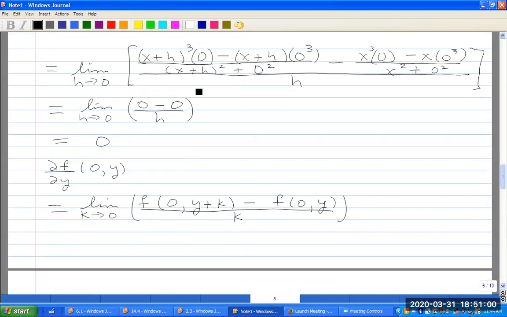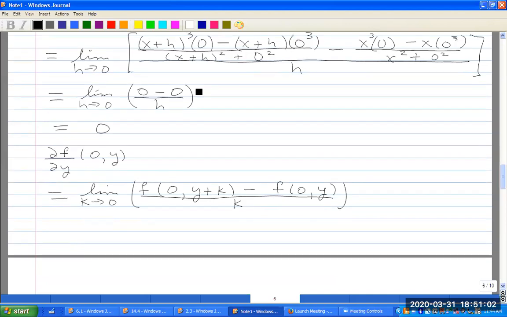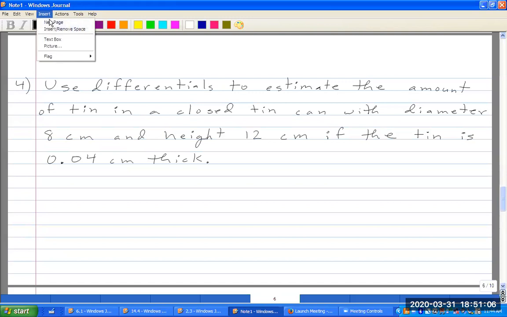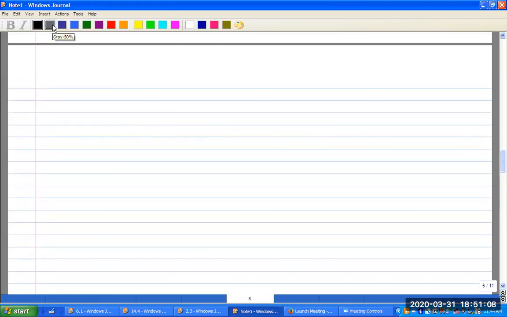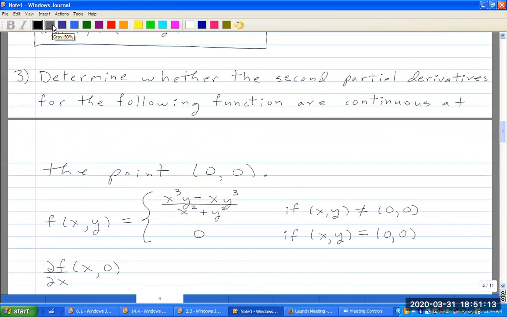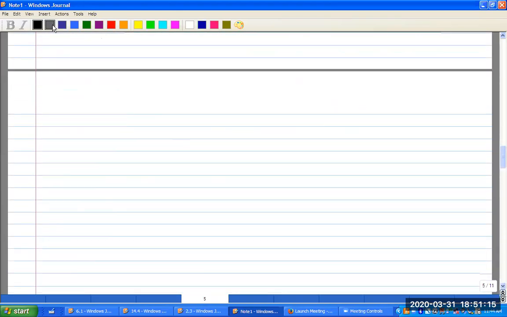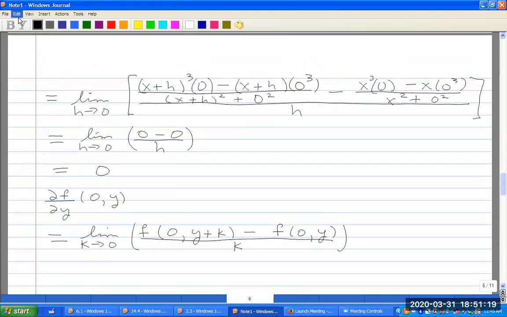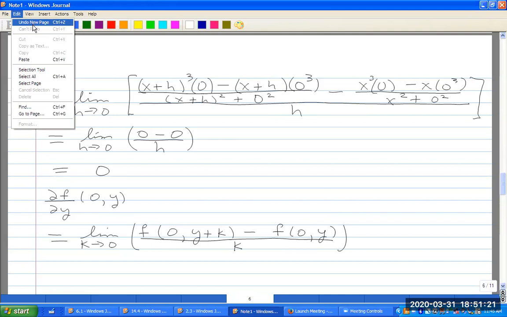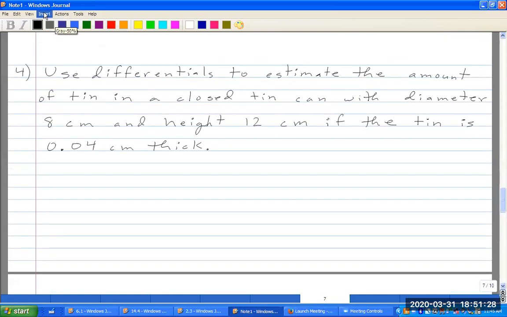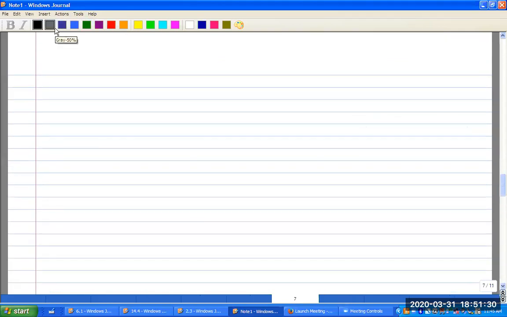Okay, so this is equal to, I guess I'll need some more room. Oops. I accidentally put it in the wrong location. So let's get some more room here. Okay.